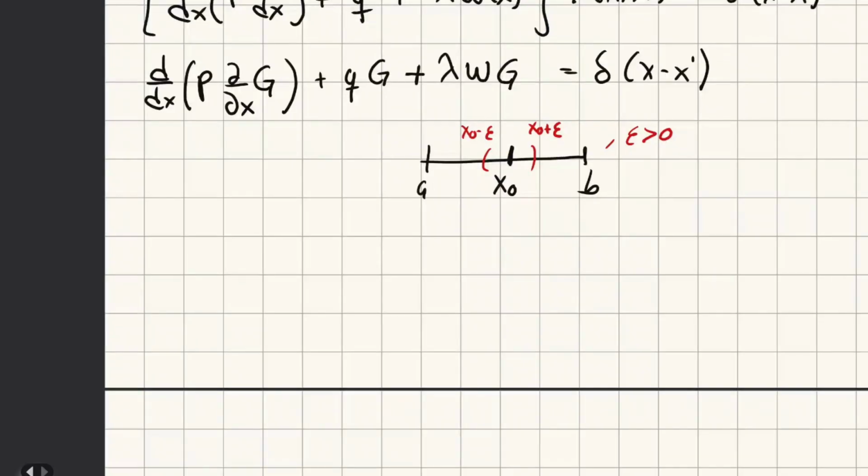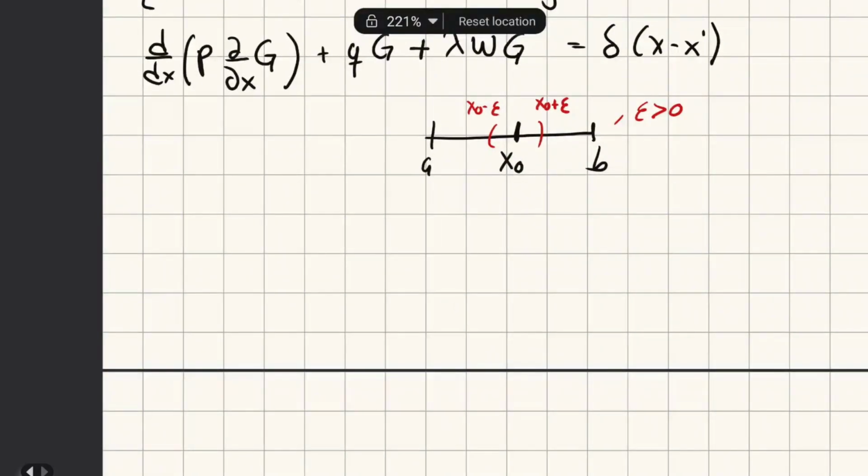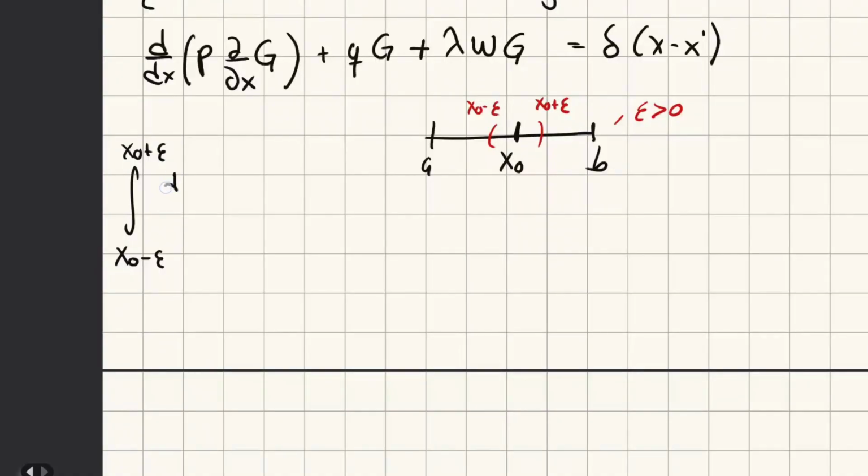Okay, so we are going to take the integral of every element of the equation to get that this is the integral from x0 minus epsilon to x0 plus epsilon of the derivative with respect to x of p dg/dx.